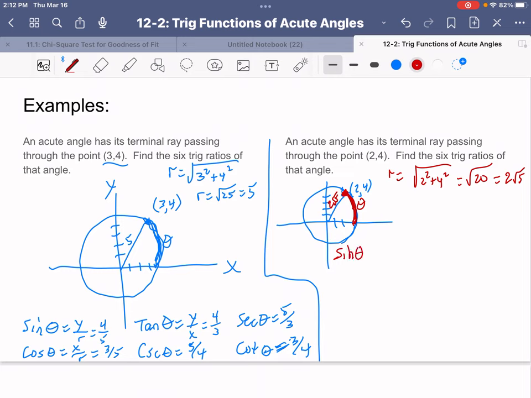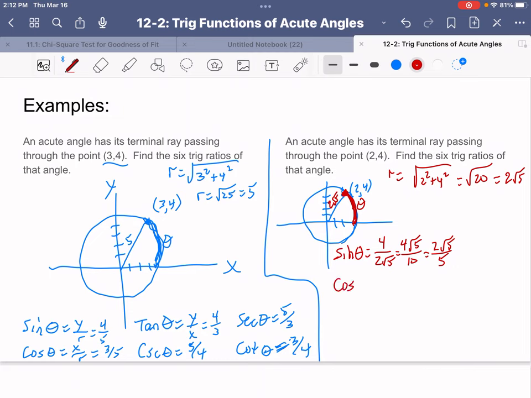The sine of theta is the y coordinate over the radius. But do you remember from past lessons and chapters, don't ever leave a square root in the denominator of a fraction. So you want to multiply the top and bottom by the square root of 5. So that would be 4 square root of 5 over 10, and then that would be 2 square root of 5 over 5. You'd want to say that's the sine of theta.